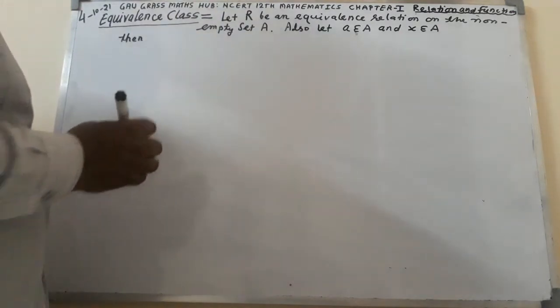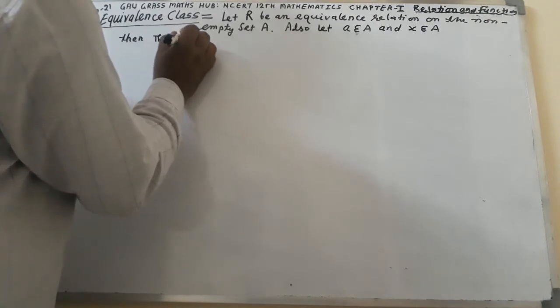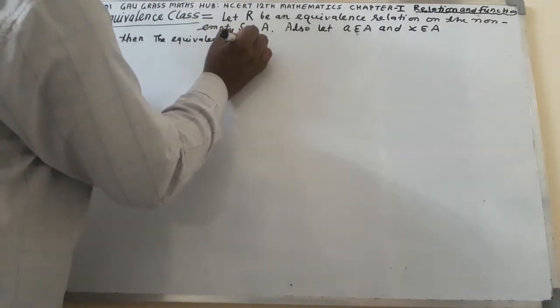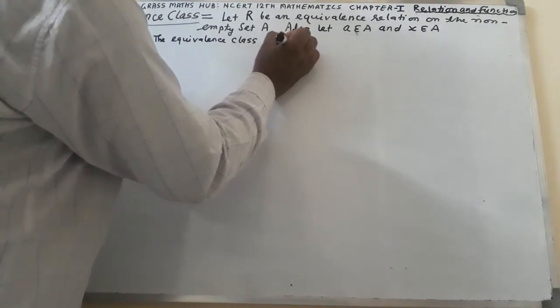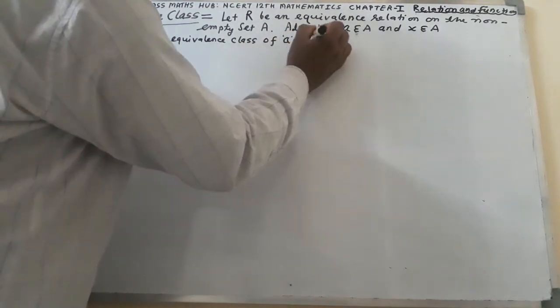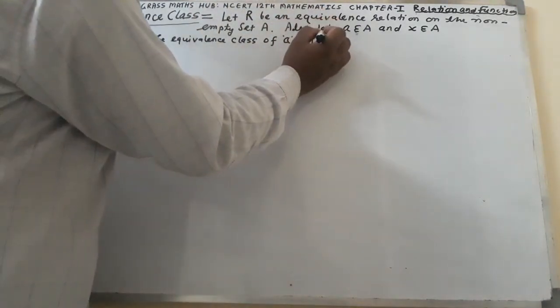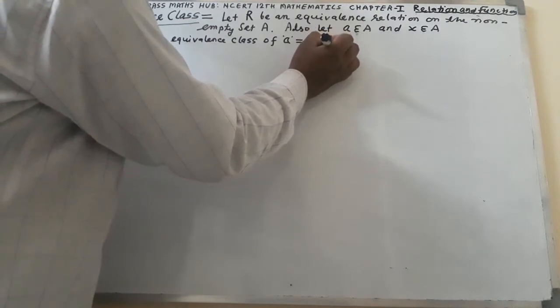Then the equivalence class of a is equal to, open square bracket, inside the square bracket write small a, square bracket close.